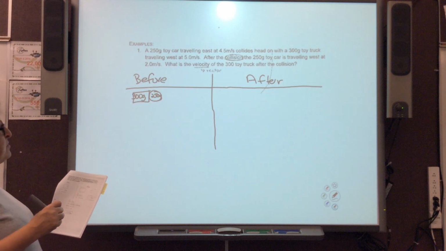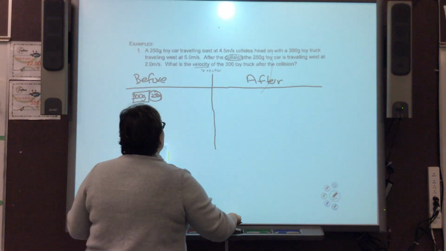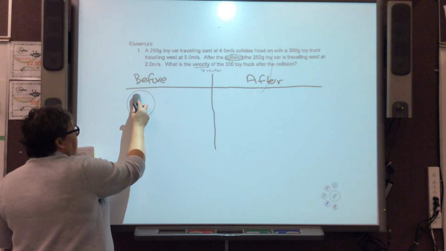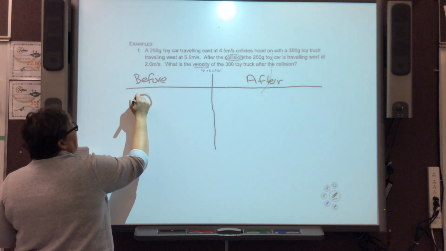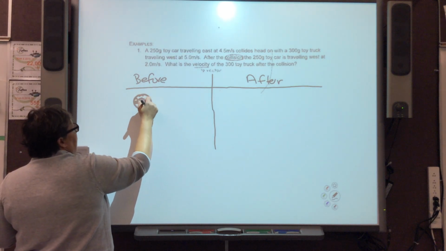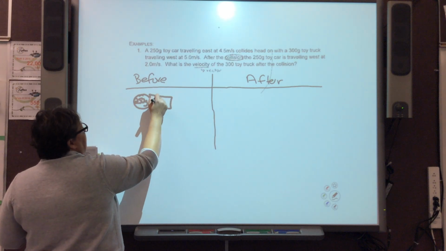The 250-gram toy is traveling west. Well, I have these backwards. The car is going east. Make sure I'm paying attention. Car's going east. Truck's going west.